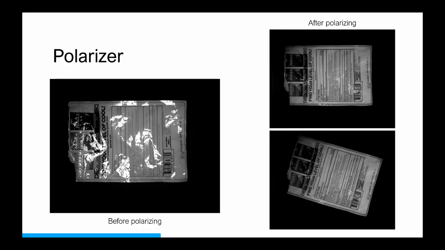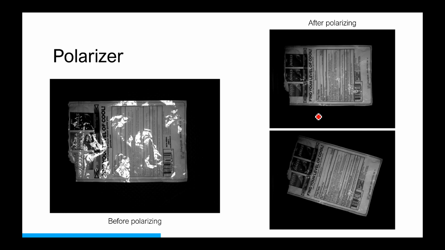And one more thing to note on a polarizer is back to this bag, which was my bad example of glare. My LFX V light gave it a really flat, uniform image. Here it is with a polarizer, and you can see it does a great job of removing glare, but it's not necessarily perfect. You can see there's still a little bit of glare here and a little bit of glare here.